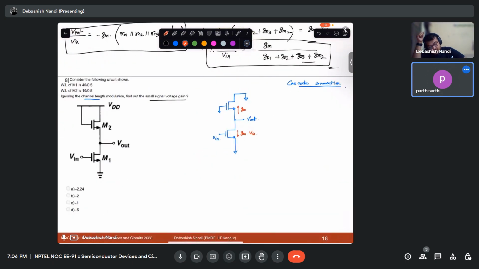So it would be GM2 plus GO2 times V out. GO2 is 0 because my channel length modulation is not present. So you find that GM V in is equal to minus GM2 times V out.